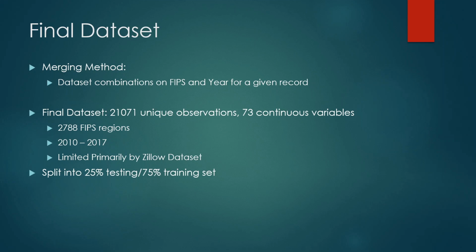Those were excluded from the study, and the year is also combined with the FIPS to create a unique variable. So the final data set had 21,000 unique observations and 73 continuous independent variables. This data set was split into a 25% testing and 75% training data set.